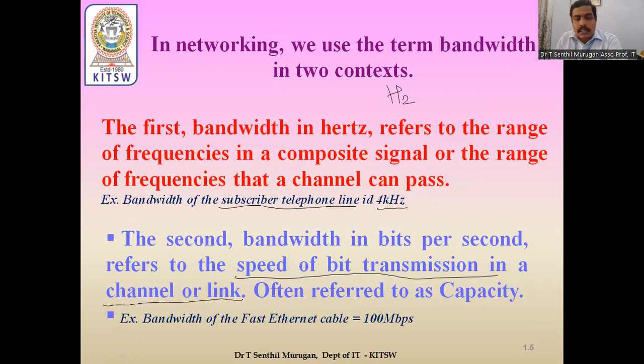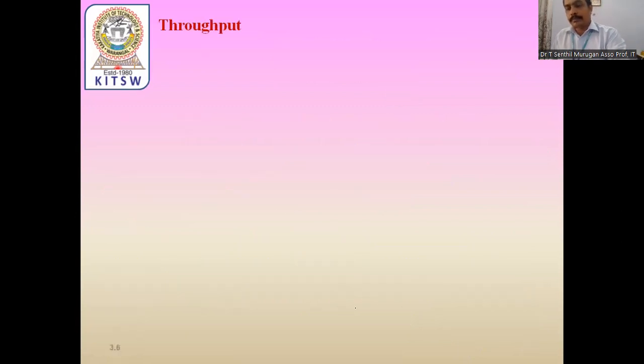For example, a fast Ethernet cable has the capability of 100 megabits per second. So the channel capacity, that is, the bandwidth of the Ethernet cable is 100 Mbps.